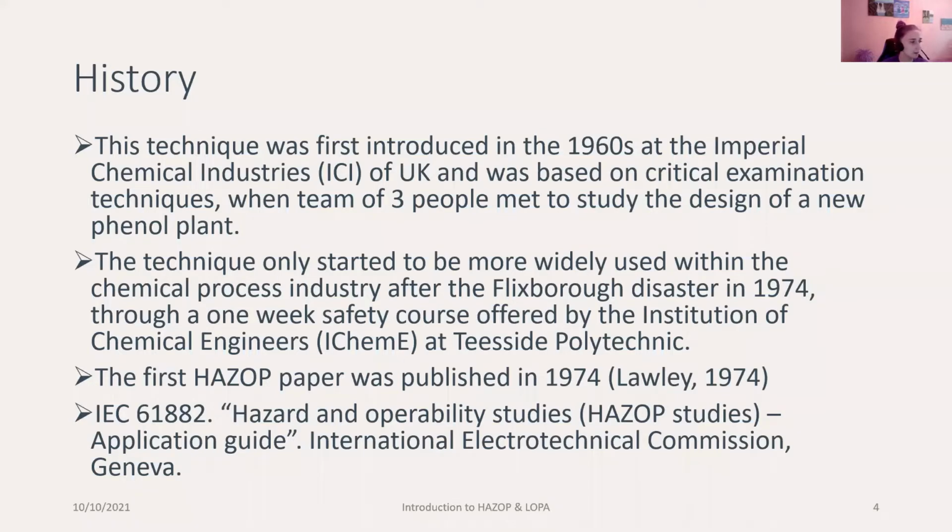Okay, after that, the first HAZOP paper was published in 1974. And today, the main standard which is used, the only standard which is used, is IEC 61882, which is the International Electrotechnical Commission code for hazard and operability studies.